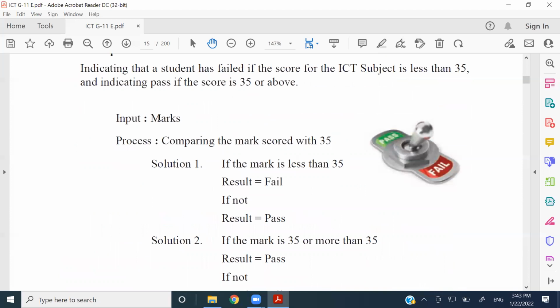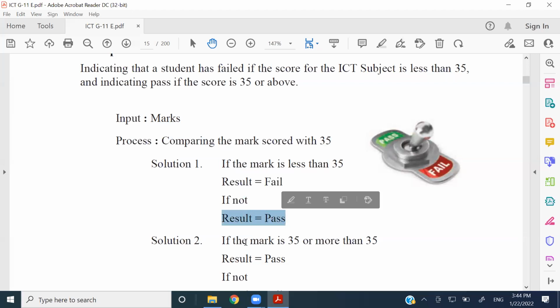So this one is to take the marks and output whether a particular student is fail or pass, right? So to do that, what we have to do is compare the marks scored with 35. One way that they can compare is if the marks is less than 35. So when the mark is input, it will check whether it is less than 35. If it is less than 35, they take the result as fail. If not, they take the result as pass.